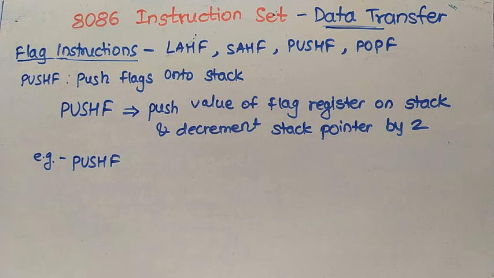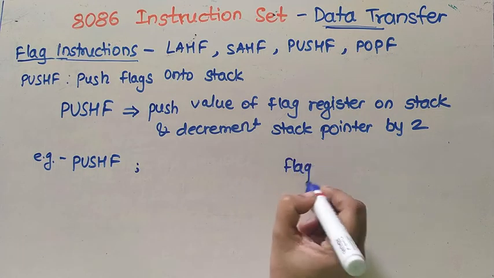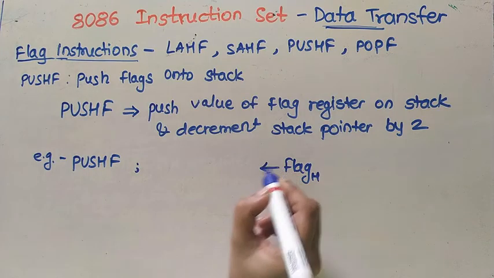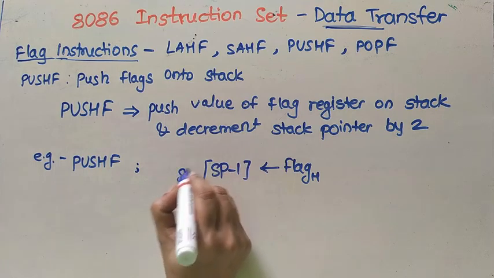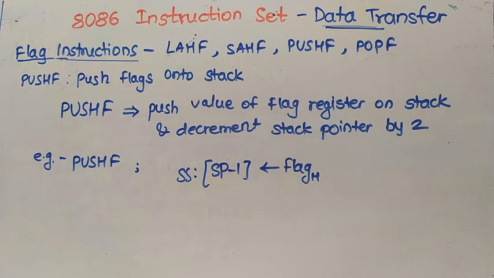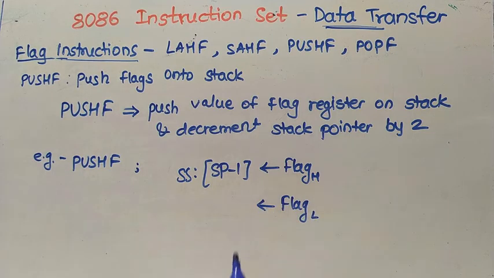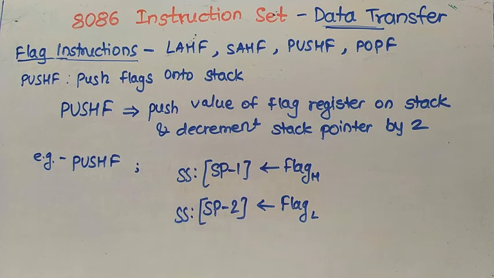If we see the example, PUSHF. After execution of this instruction, what happens? The higher byte of the flag register is copied to SP-1 in the stack segment, and the lower byte of the flag register is copied to SP-2, and after this the stack pointer is decremented by 2.